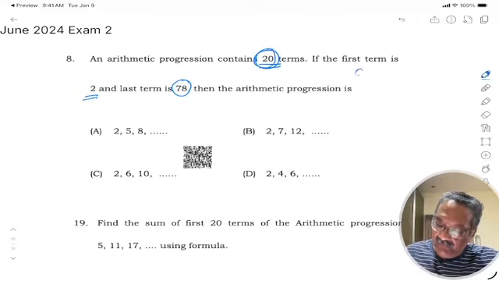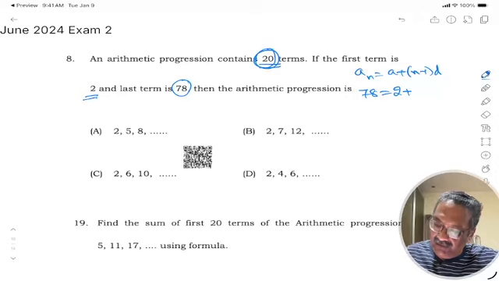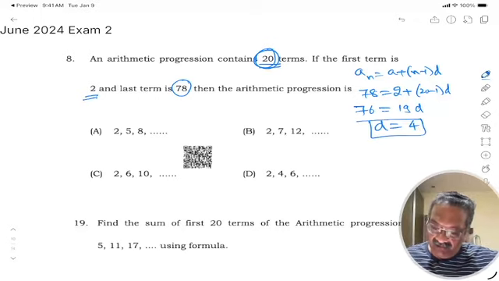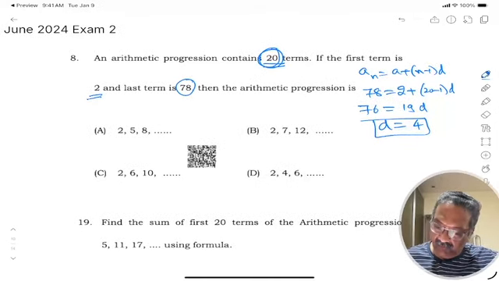So we know An is equal to A plus n minus 1 into D. An is how much? 20th term is 78. 78 is first term 2 plus 20 minus 1 into D. So 78 minus 2 is 76 is 19 D. D is equal to 76 by 19, 19 fours are 76, D is 4. So if common difference is 4, the AP will be 2, 6, 10, and so on.